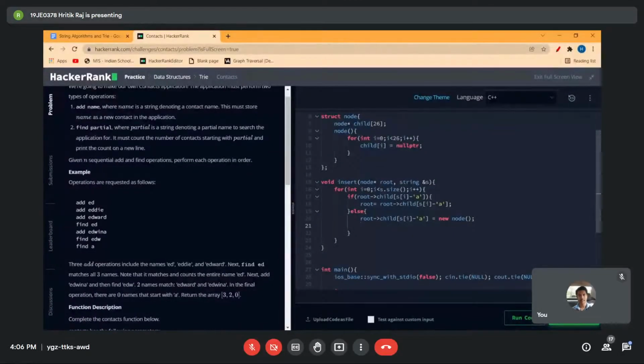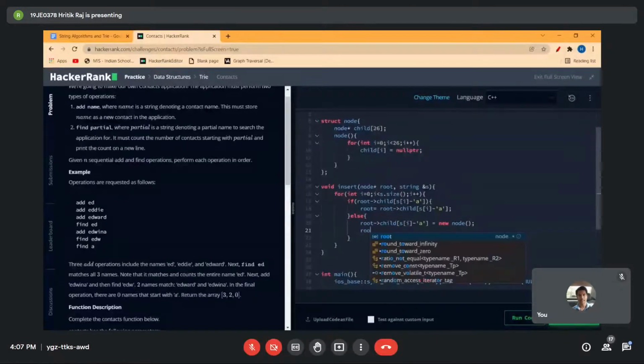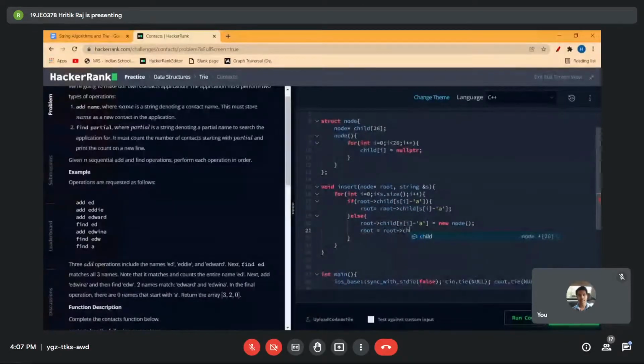With new you can allocate new memory, and with delete you can delete memory. We only need to know here that if the current node does not have such a character, we allocate new space for it, assign it, and then move to that node.